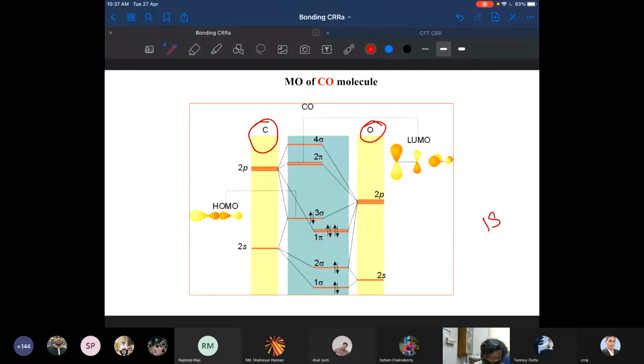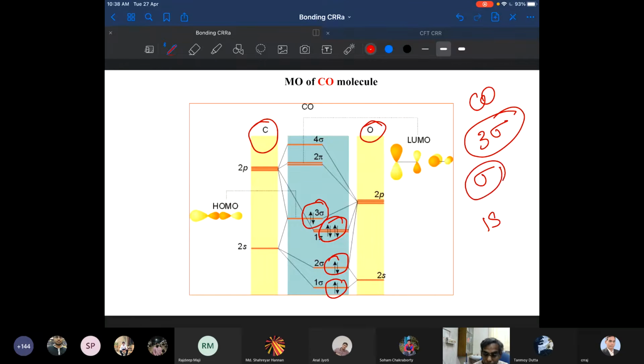What we need to remember here is that we need to find out what the HOMO is and what the LUMO is. Now you have 2 electrons here, and then 4 electrons go to your pi orbital, and then here you have your 3 sigma with 2 electrons. The highest occupied molecular orbital for carbon monoxide is the 3 sigma, or what we call the sigma orbital.